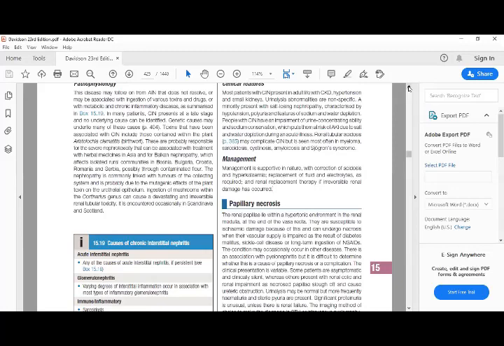So these are the causes and management lines, and management of the underlying disease also helps, such as multiple myeloma, sarcoidosis, cystinosis, amyloidosis, and Sjogren's syndrome.